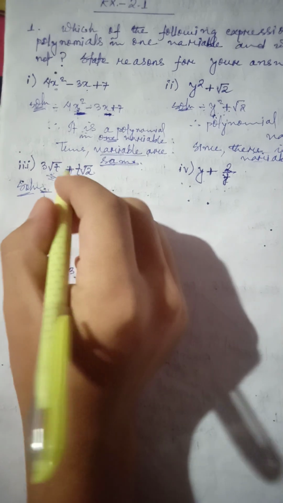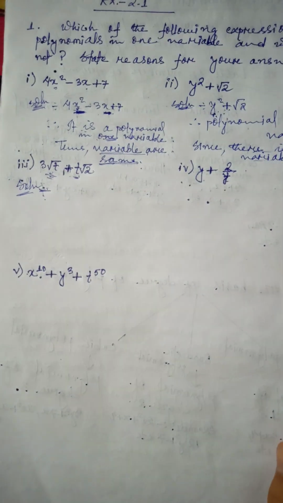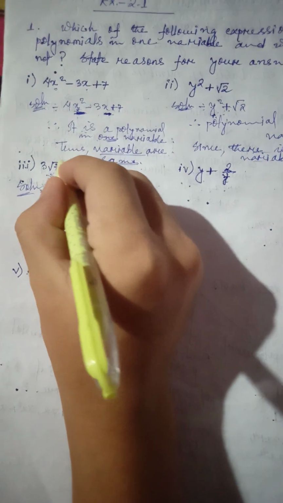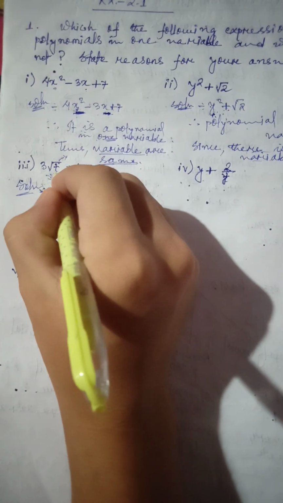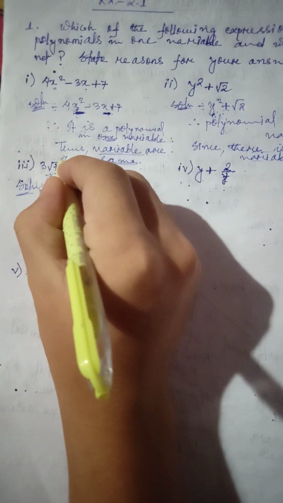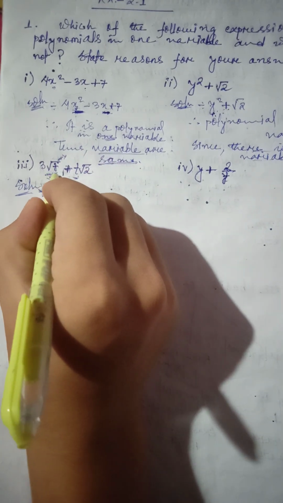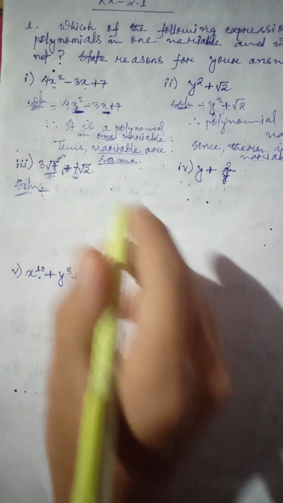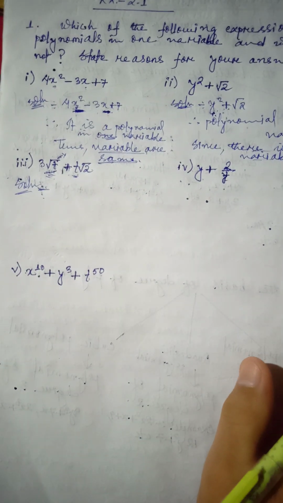In order to be a polynomial, as we already discussed, the power of the variable should be a whole number, and there should not be any variable in the denominator. These are the two conditions required for an algebraic expression to be a polynomial.